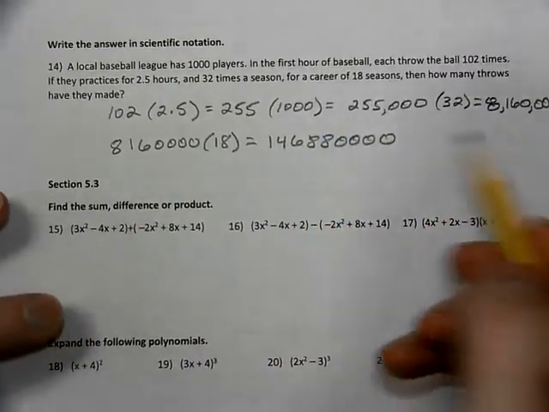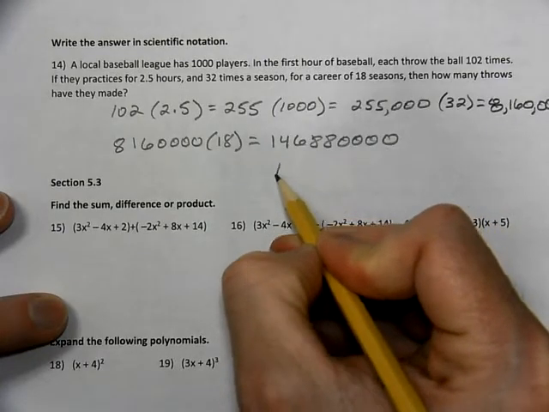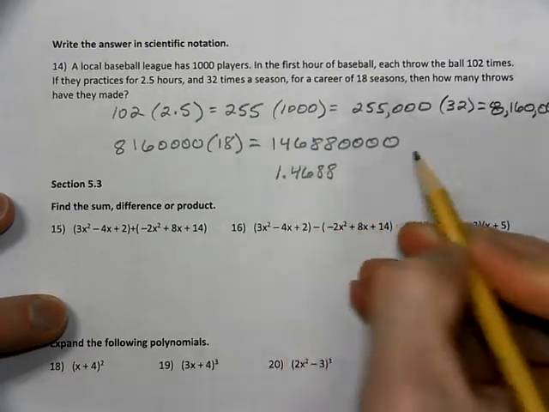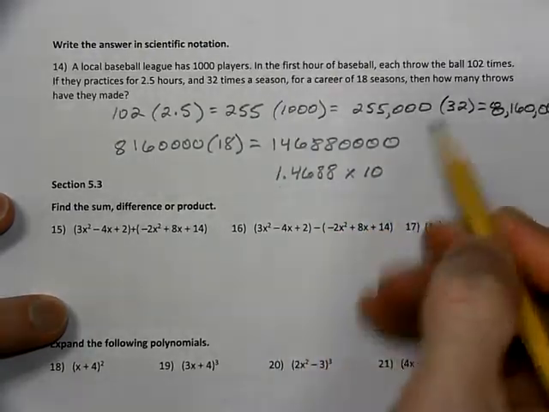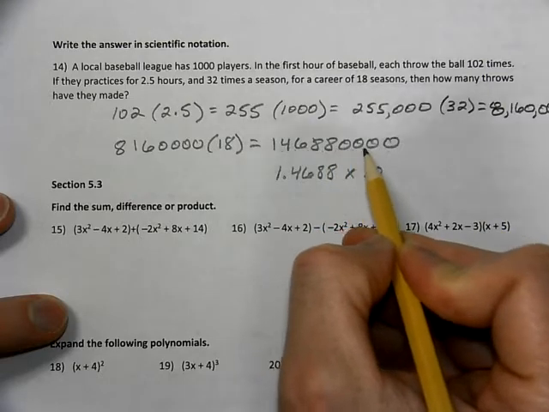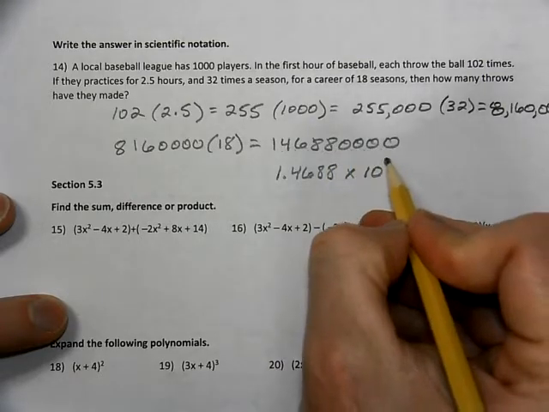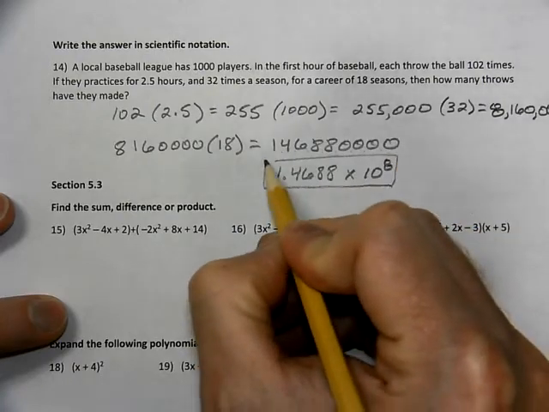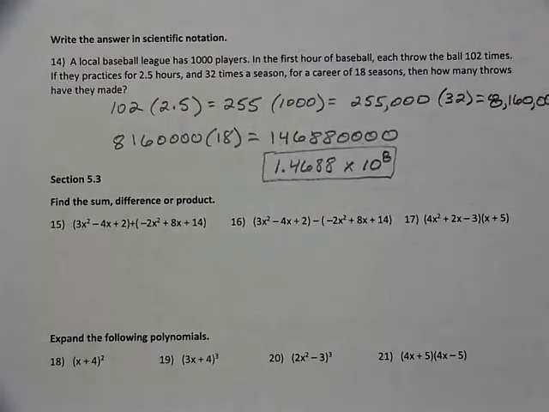So if we were to write this in scientific notation, we get 1.4688 times 10 to the 8th. That's how many pitches or throws that there would be.